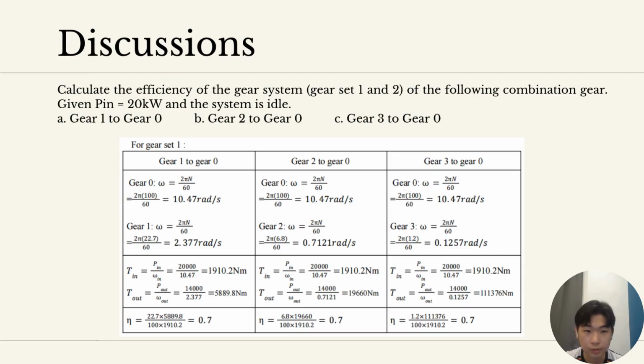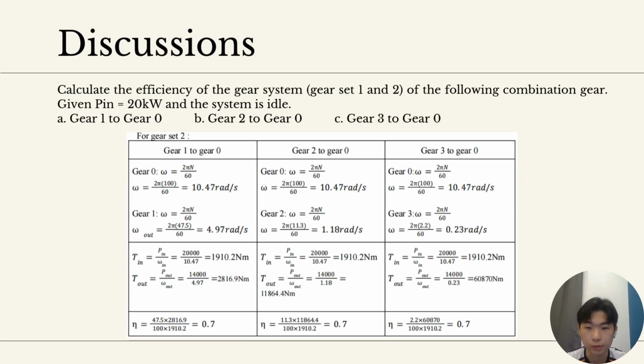And for gear 3 to gear 0, the gear 3 angular velocity is 0.1257 radians per second, and the input torque you can get 1910.2 Nm, and the output torque is 111,376 Nm, and we also have the same efficiency of 0.7.